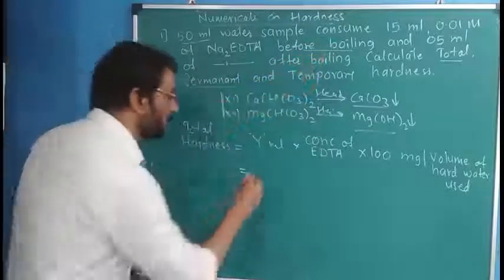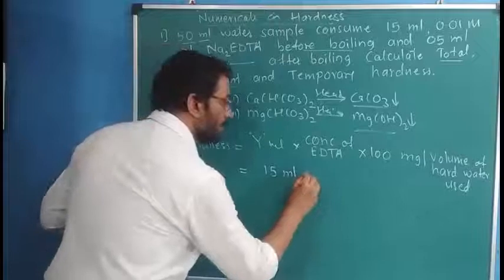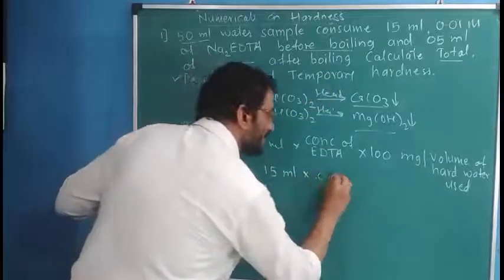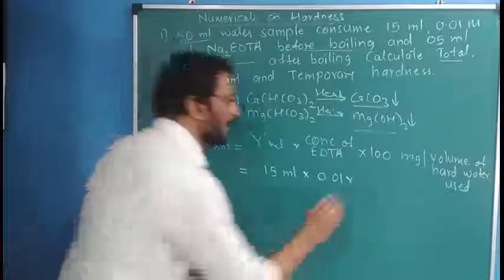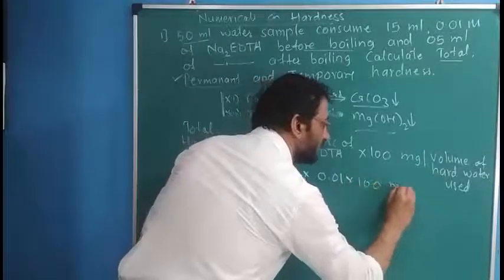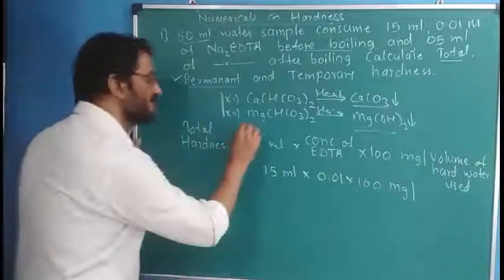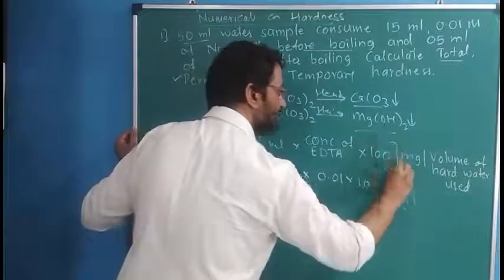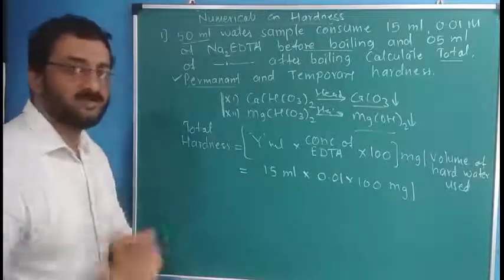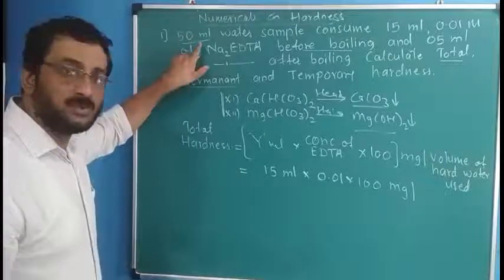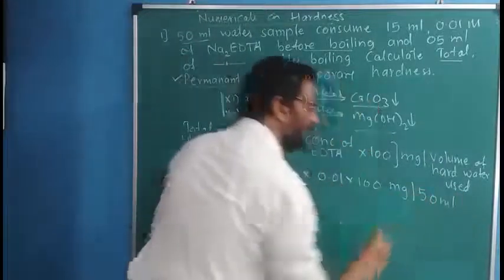How much is required? 15 ml, into the concentration of EDTA, 0.01 molar, and 100. This is the total hardness in milligrams, as we have seen in the formula, per volume of water used. We have used 50 ml.